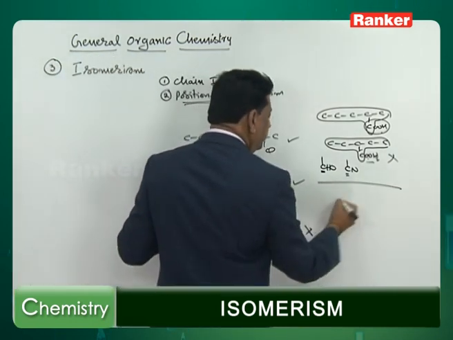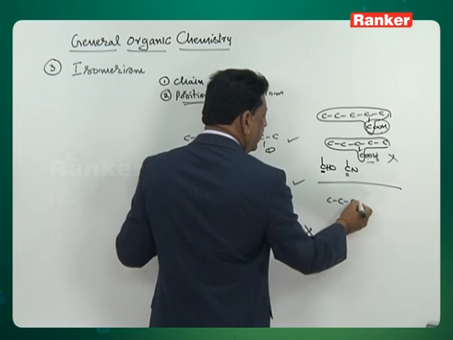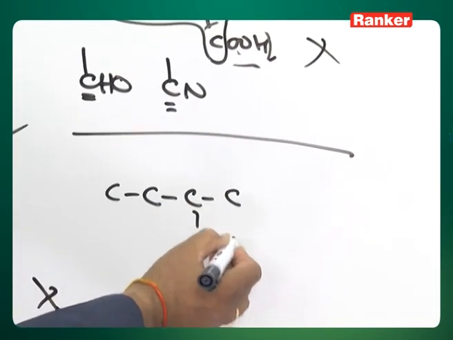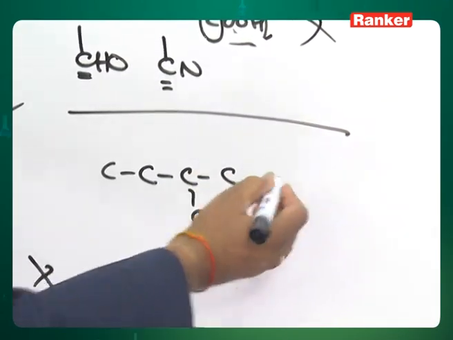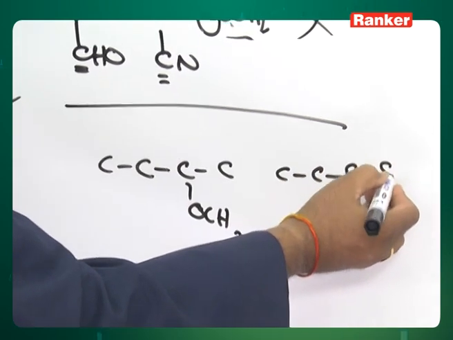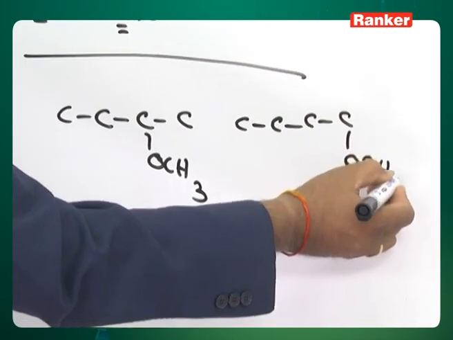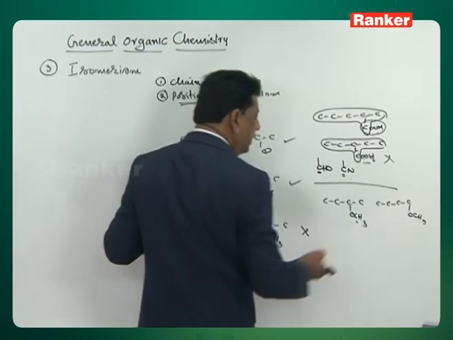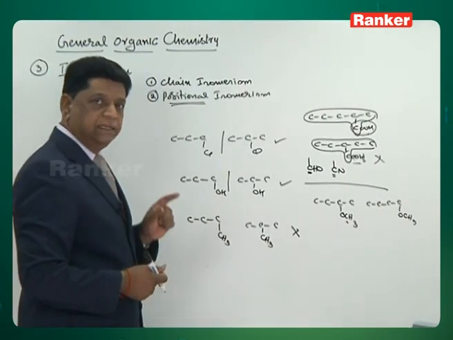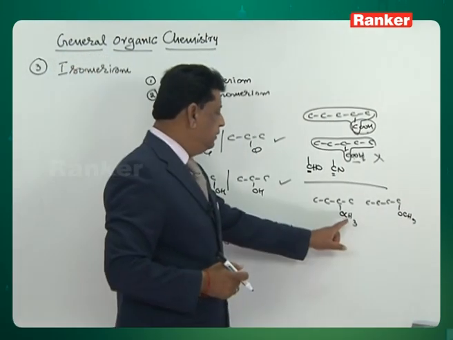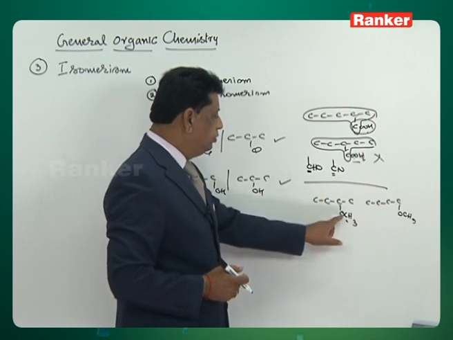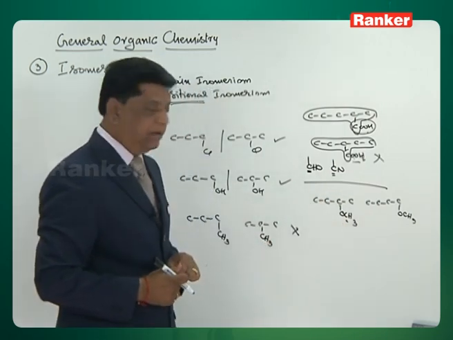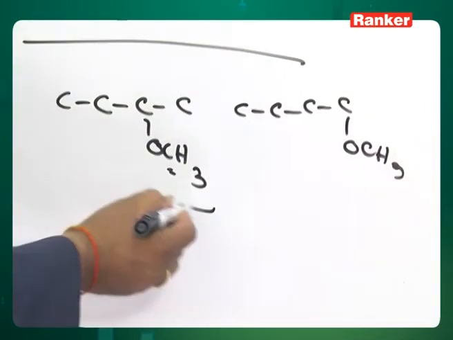But consider groups like OCH3 on the second carbon and OCH3 on the first carbon. There is a carbon in the functional group, but this is allowed, because this carbon is separated from the main skeleton by an oxygen, a hetero element. So a methoxy group is a clear group.